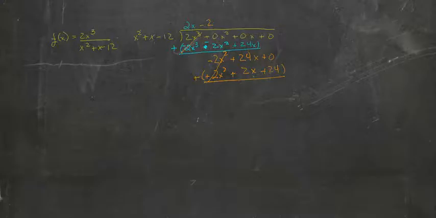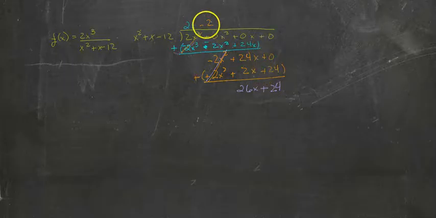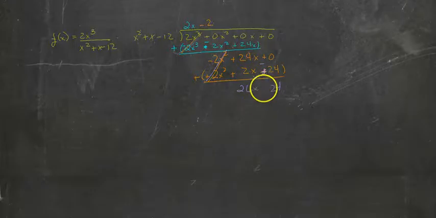First terms cancel by design. 24x plus 2x is 26x, and 0 plus 24 is plus 24. I think I made a mistake here. Negative 2 times negative 12 is a positive 24. When I change the sign, I get a negative 24, so this should be minus. It's not going to really matter in this situation, but it's always a good idea to be careful.